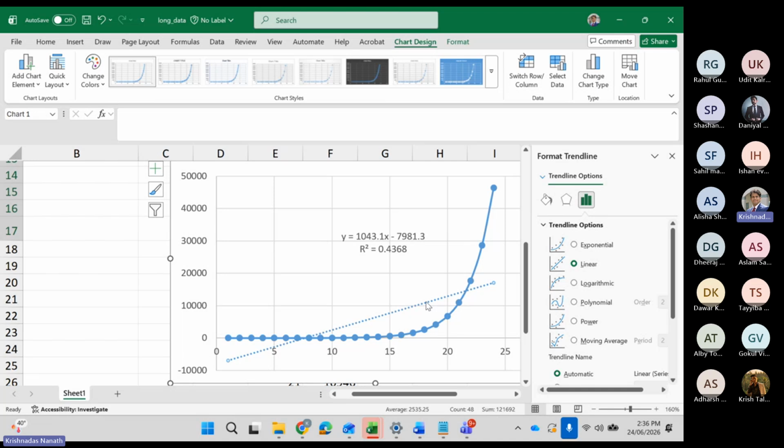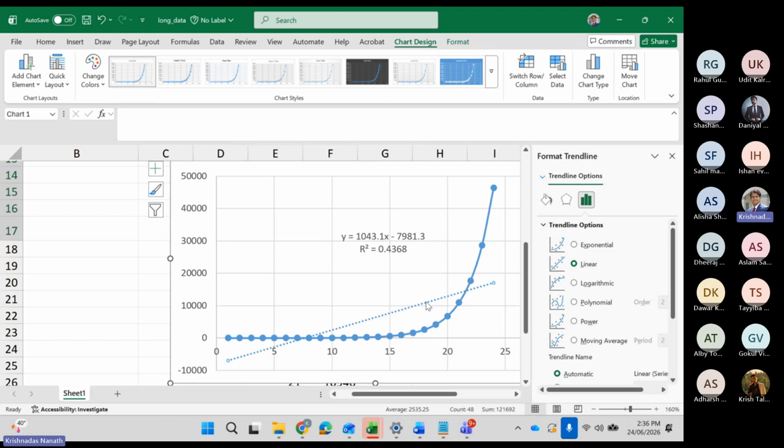Now, I keep my eyes on the default option, which assumes the data is linear. You see these options on the right hand side? You see exponential, linear, logarithmic, polynomial. There are various distributions of data which exist. You assume that it is linear and you get a linear equation.